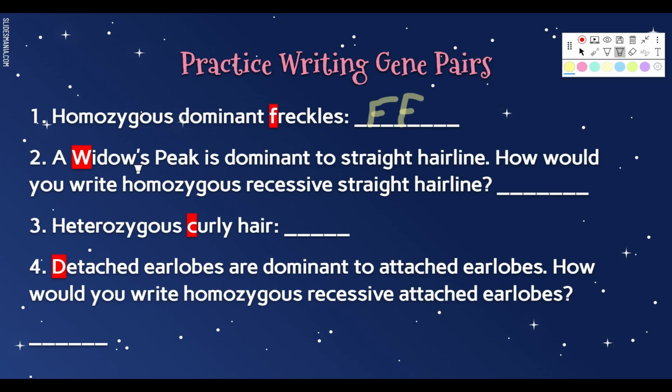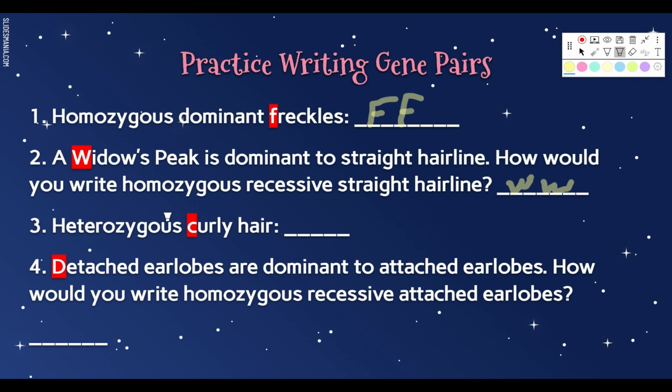A widow's peak is dominant to straight line hair, right? So big W means widow's peak. How would you write homozygous recessive? Straight hairline. So just remember, homozygous recessive means they're both going to be lowercase. And since we're talking about W right here, it would just be two lowercase w's.